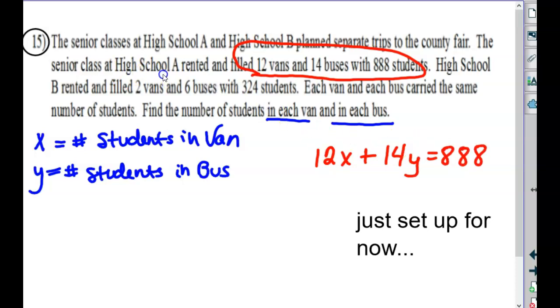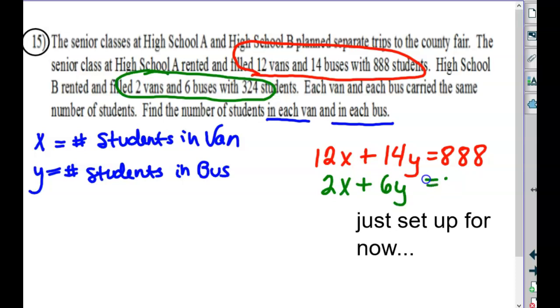And then it says high school B had this issue. So then what's that equation? 2x plus 6 times the number of students in a bus is 324.